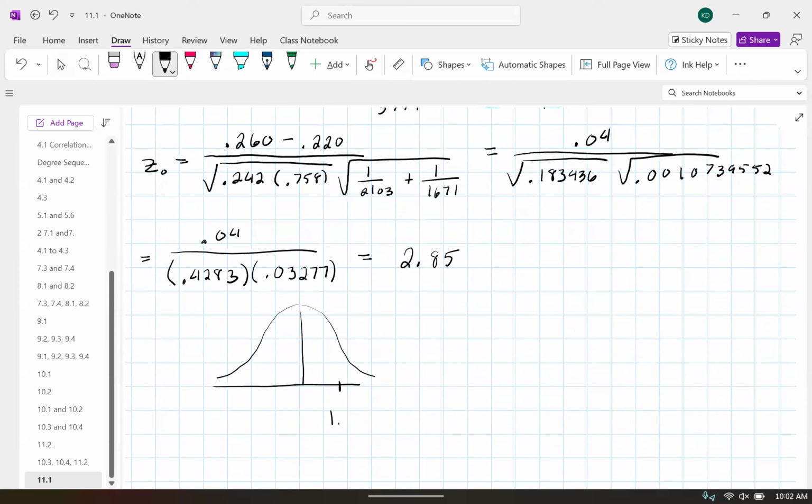That was 1.645. Draw my favorite little blue zone. So our value is here-ish, 2.85. We are in the blue, so that means we have a significant difference.